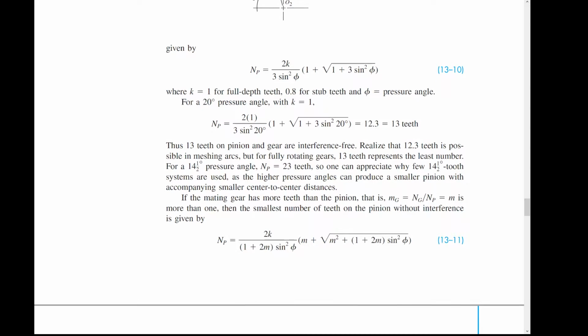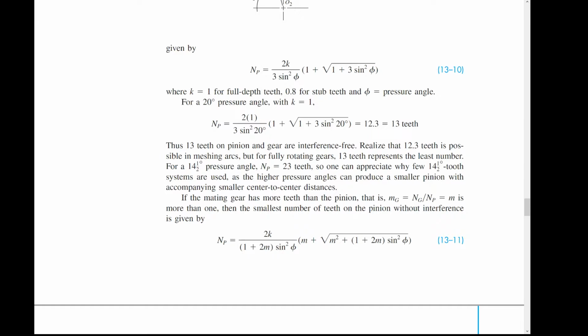For a 20-degree pressure angle with k equal 1, NP equals 2 times 1 over 3 sine squared 20 times 1 plus root 1 plus 3 sine squared of 20. So that's just plugging into the variables the things that we just agreed on. K equals 1 because we have full depth teeth, pressure angle of 20, and there you go, you get 12.3.